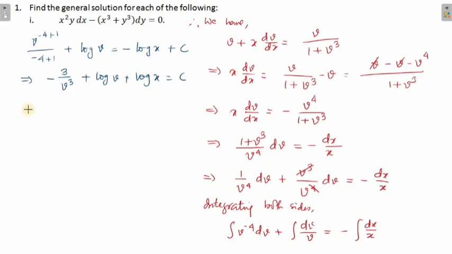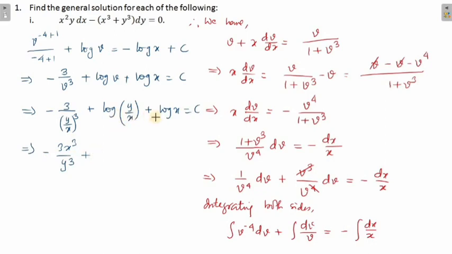Now let's put the value. We have minus 3 by v, and v is y by x, isn't it? So let me write y by x here, and we have cube, plus similarly log y by x plus log x equals c. So from here you get minus 3x cube by y cube. Now all of you know log a plus log b is log ab.